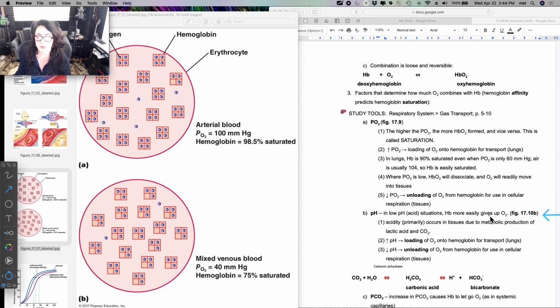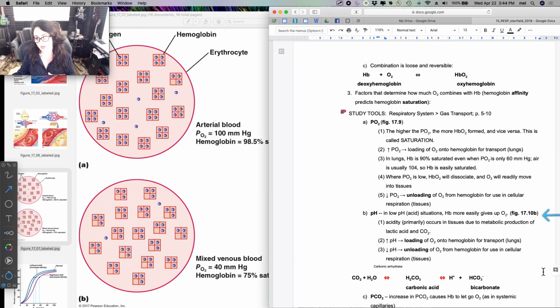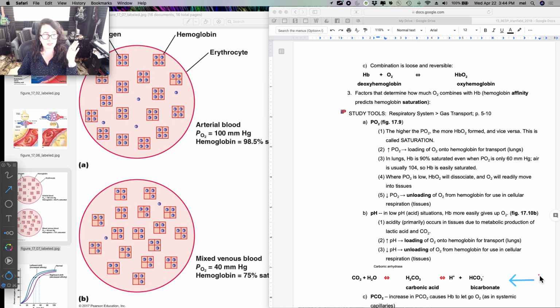All right, so the next one is pH. So before we start to predict, I want to try to remind you guys of this damn equation that you've seen 3,000 times. Okay, so this is the important equation. As carbon dioxide increases, H plus tends to increase and pH tends to go down.